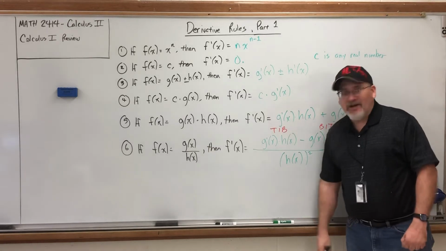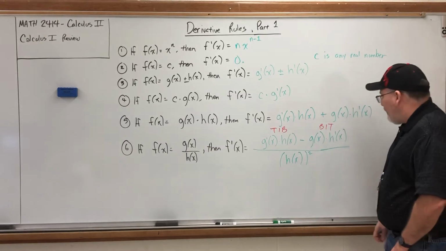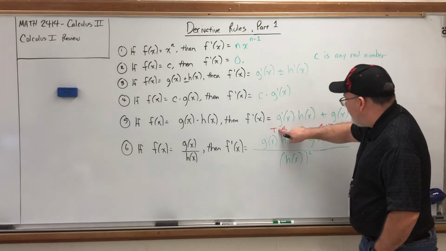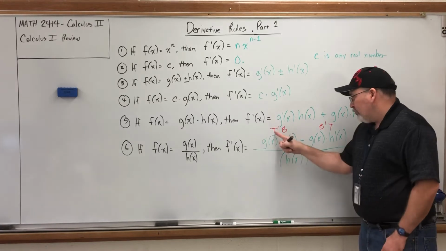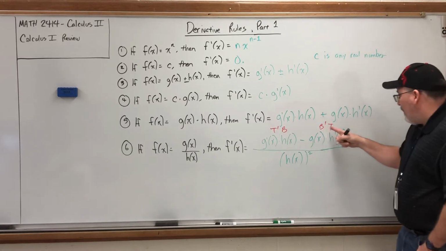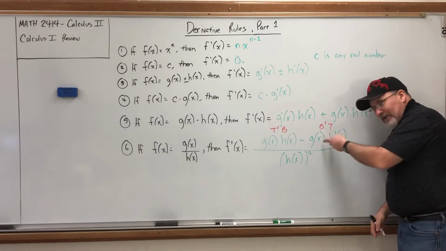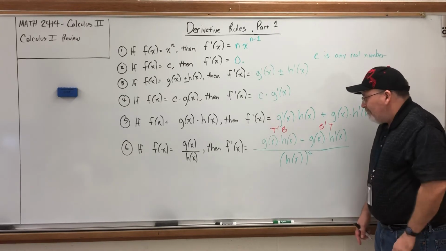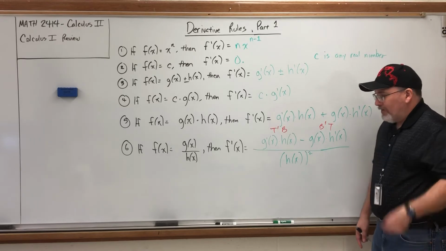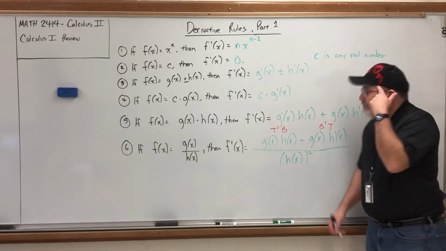I figured the T meant top and the B meant bottom. But what's up with the I? And he said, well, the I is really the derivative mark. Derivative of the top times the bottom, derivative of the bottom times the top. We still have flexibility with the product over here. Multiplication is still commutative. But now when I do the quotient rule, in my mind I just think Tibbet.